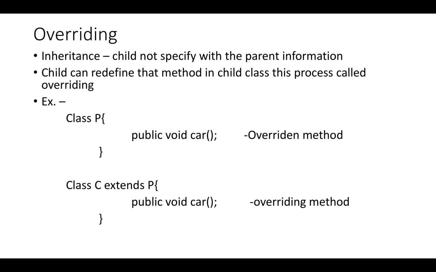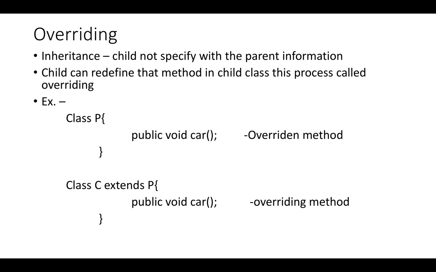You can see from this example, in the parent class we have the public void car, but the child class extends from the parent. The child is not satisfied with that parent car, so he or she wants his own car. So you simply write that method and implement it.